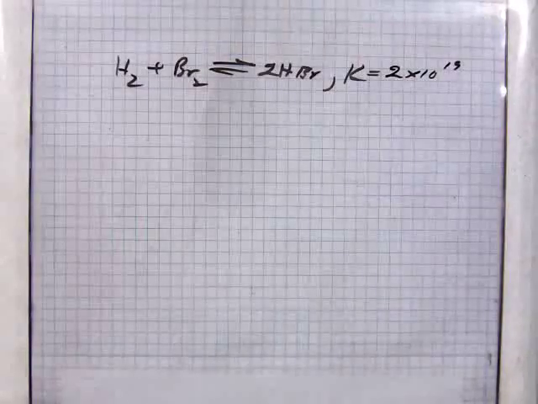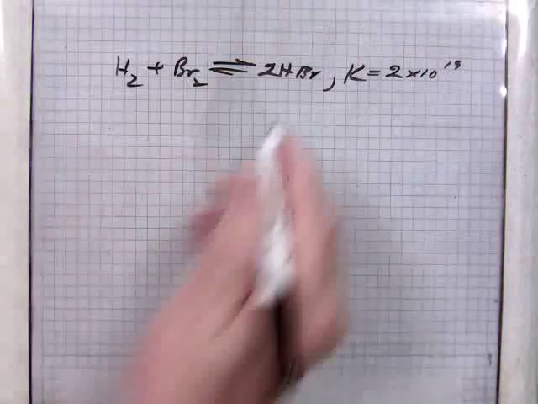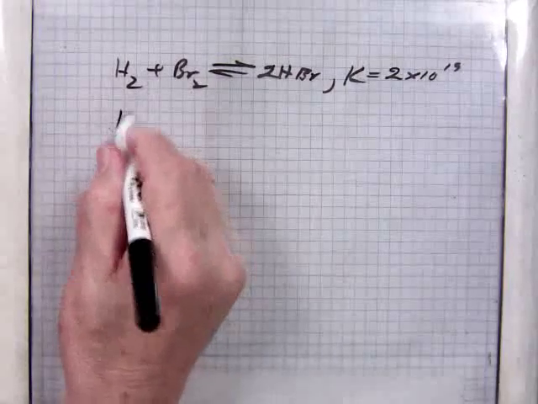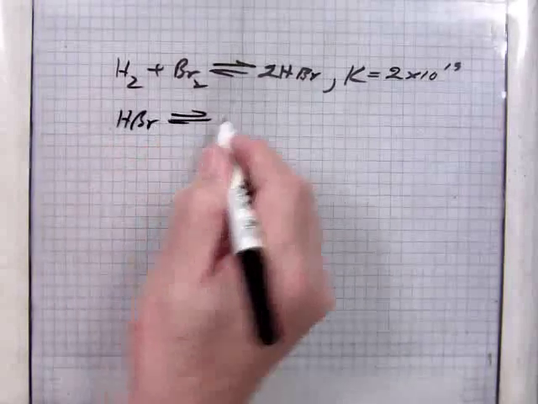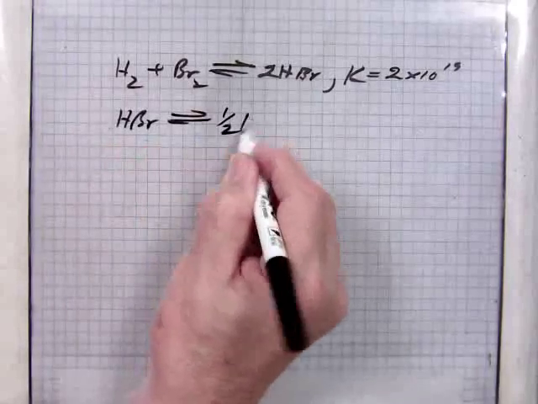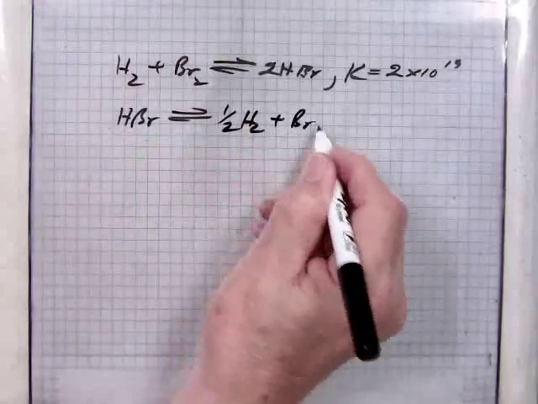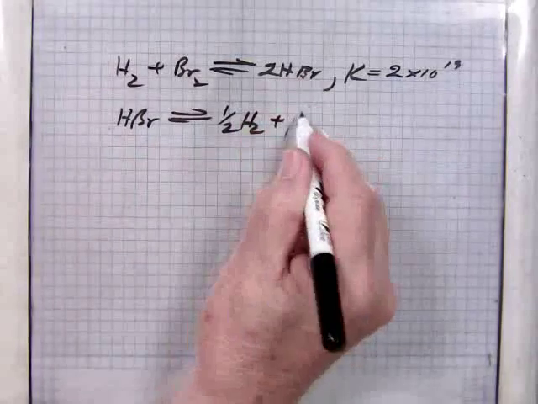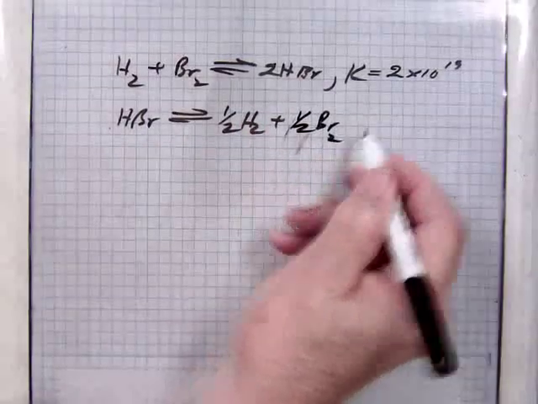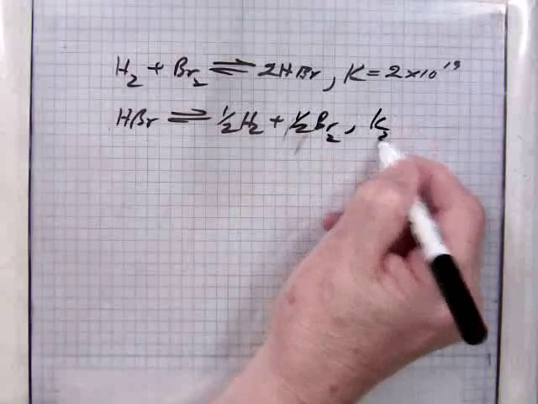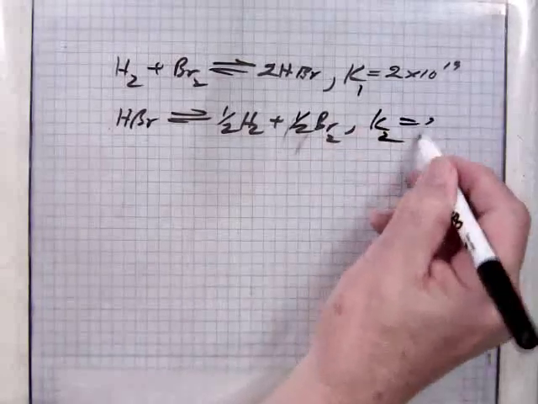Looks like they reversed it and cut it in half. So they have HBr goes to half H2 plus half Br2, and K2, like that one, is the question.